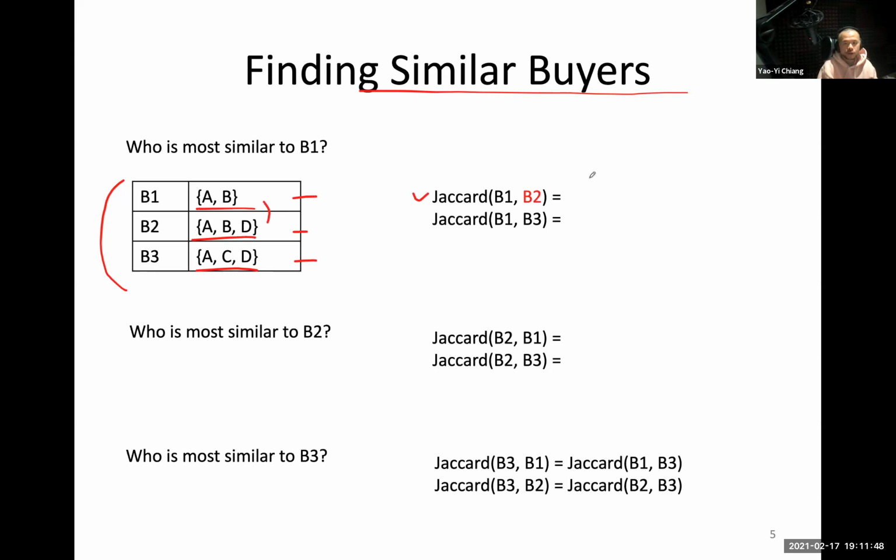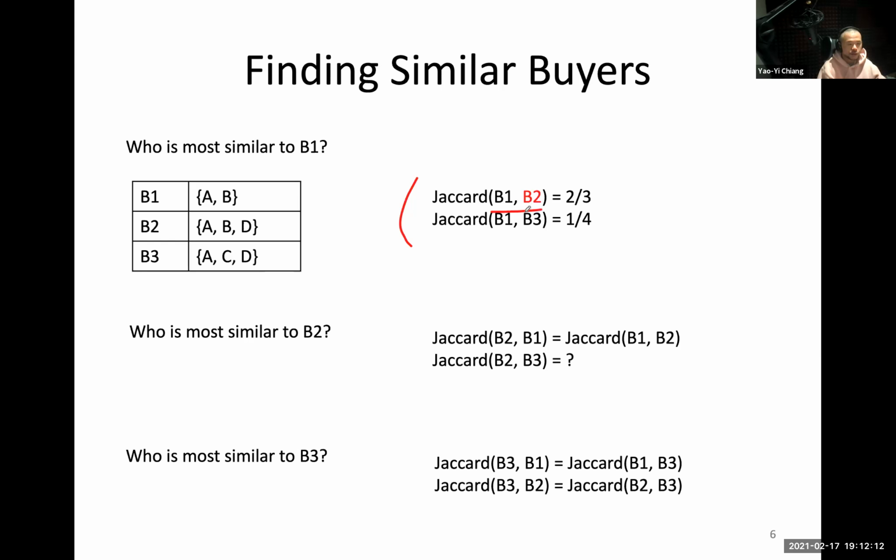What is the intersection between B1 and B2? Anyone? A and B, great. So 2. What's the union? A, B, and D. Awesome. So we do the same thing for B1 and B3. Now we know B1 is more similar to B2 than to B3.